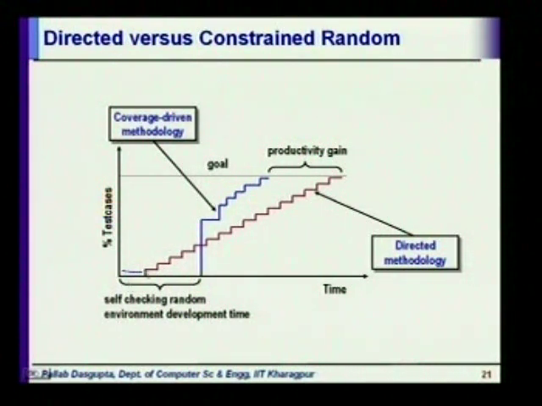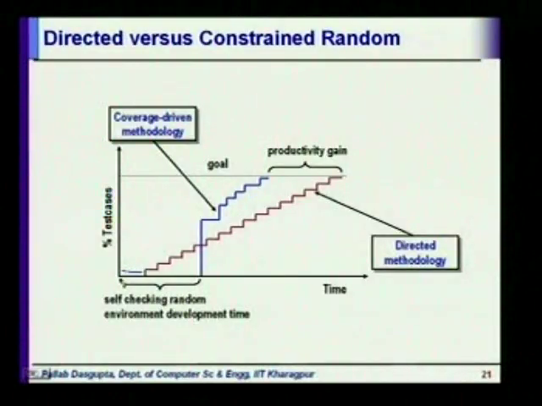Now, in the new approach, which is becoming the more popular approach, we take a lot of time in building those models. So, you see there is a significant amount of time spent here where there is no growth of coverage. Why? Because that is when we are writing all those models, developing the self-checking random environment, and once that is done, there is no manual involvement anymore.